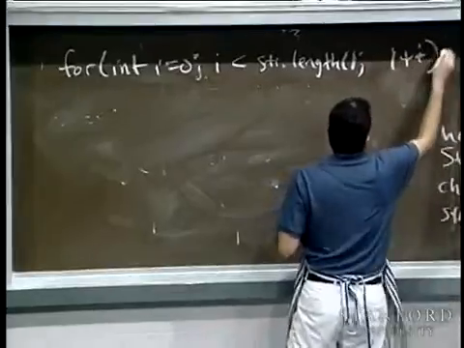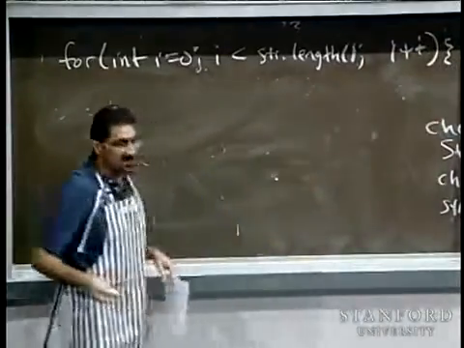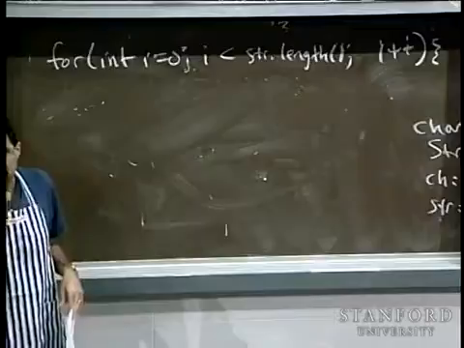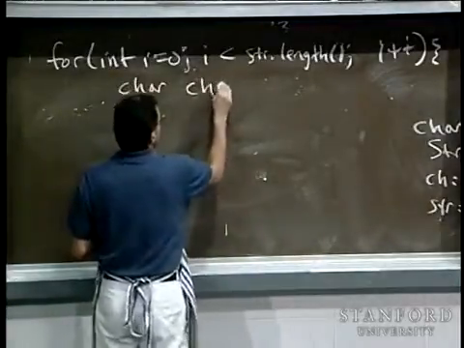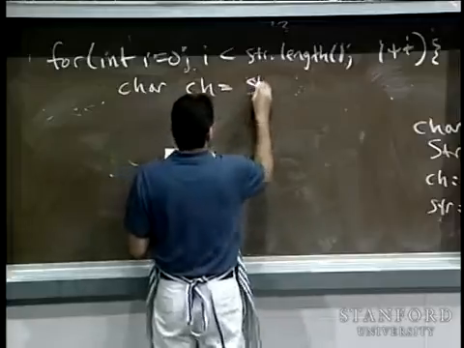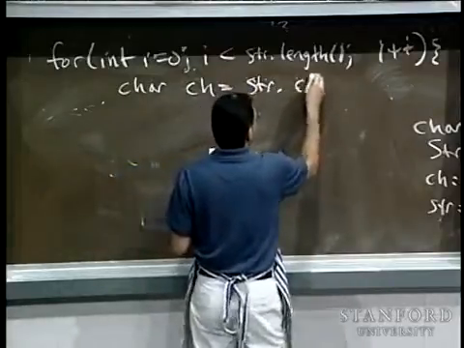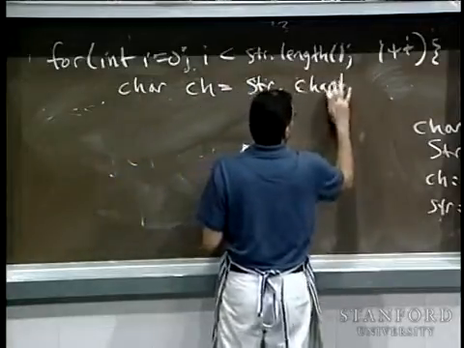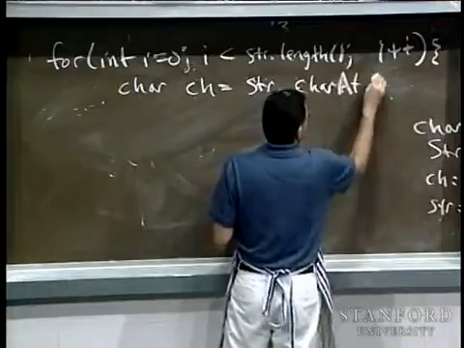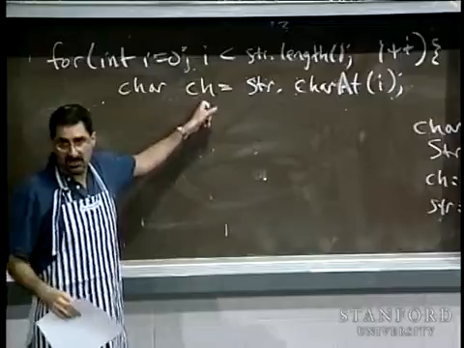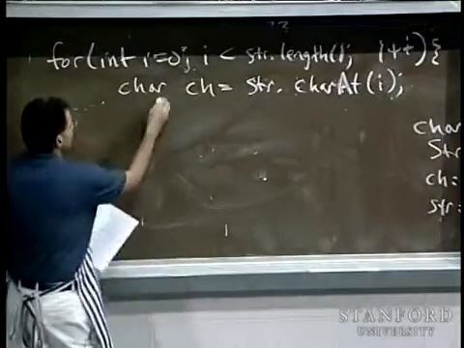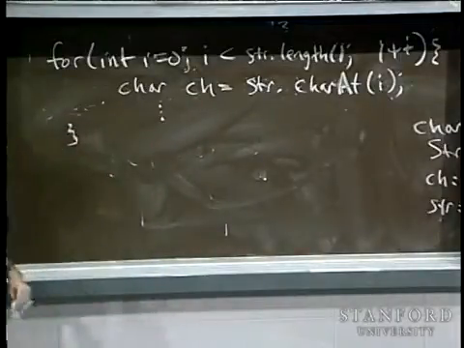This is going to go through, essentially indexing the string from 0 up to the number of characters that it has. Then inside here we might say char ch equals str.charAt(i). What that means is one by one you're going to get each character in the string in ch. And then, potentially you do something with those characters and then you're done.